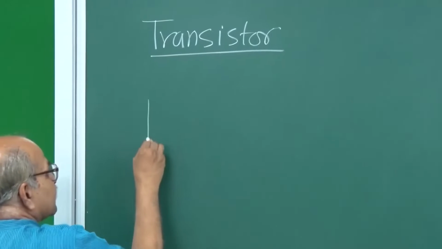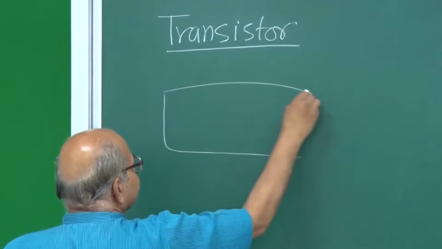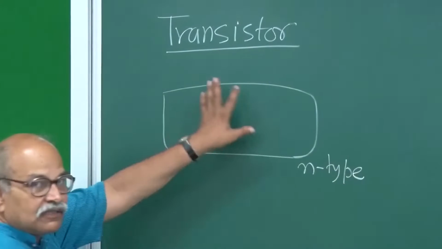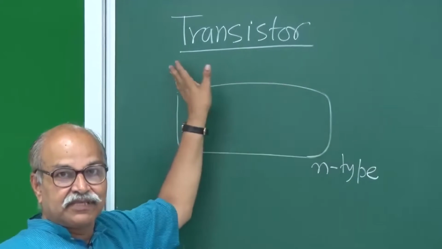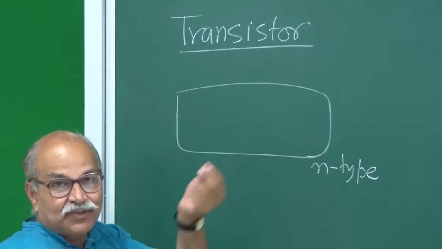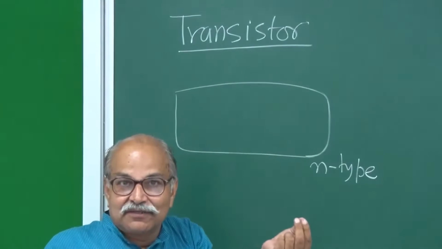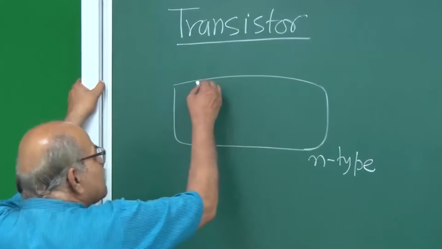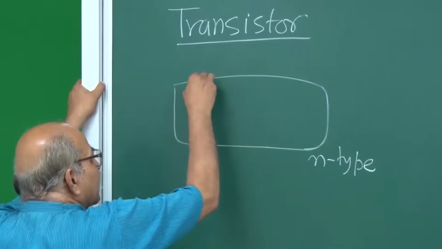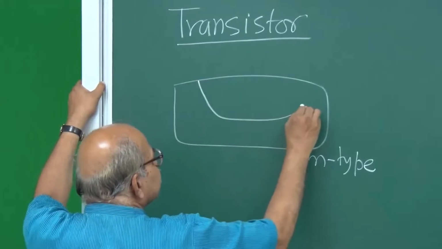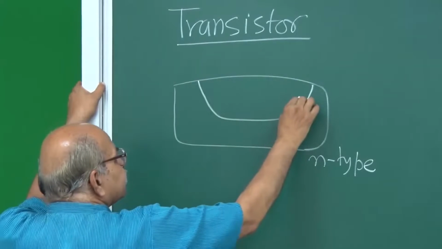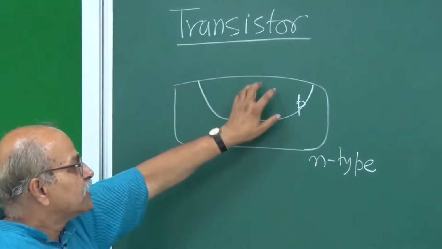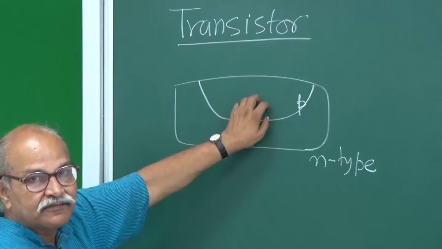You start with, let us say, n-type material. Suppose this whole wafer is n-type semiconductor. In the picture it may look very large, but the actual thing may be a few hundred microns, less than a millimeter. And then you diffuse p-type impurities from the top and make this p-type, so you get a p-n junction.